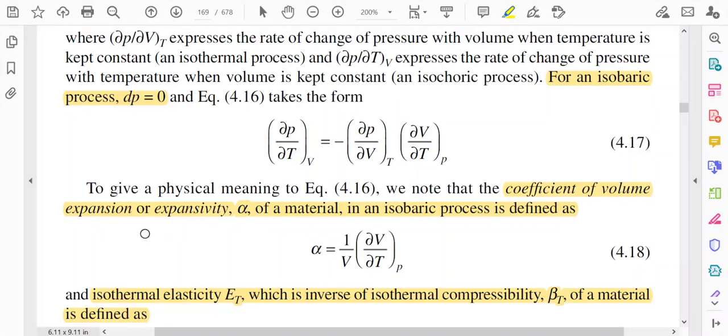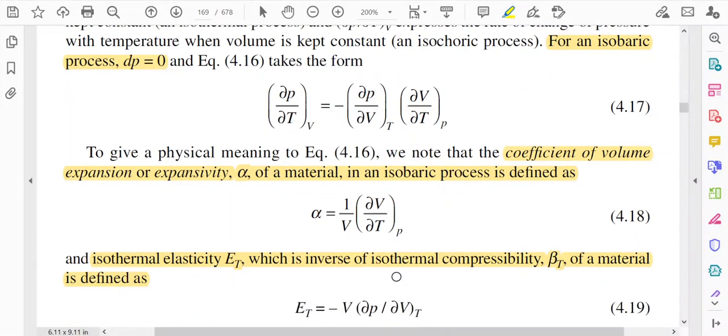Coefficient of volume expansion or expansivity alpha is defined in equation 4.18. Alpha is equal to 1/V times (∂V/∂T)_P, that is rate of change of volume with respect to temperature per unit volume, and pressure is kept constant.